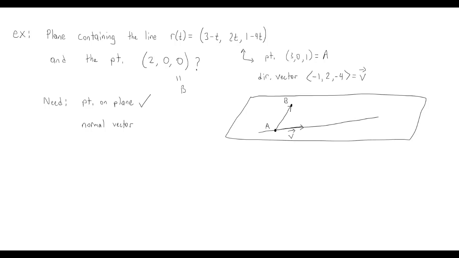And to be orthogonal to both of them, it would have to be orthogonal to the plane. That's the idea. Okay, so we're going to get the normal vector by taking the cross product between the vector AB as well as the vector V.